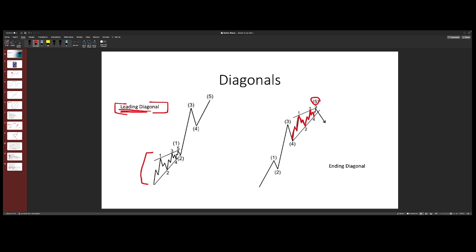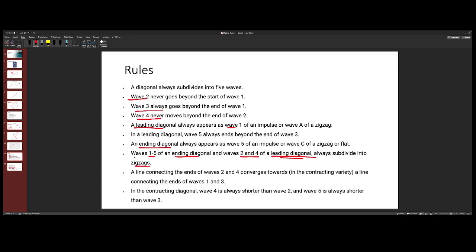And in this case, only 2 and 4 are zigzags. These can come in different variations. Waves 1 and 3 of an ending diagonal and waves 2 and 4 of a leading diagonal always subdivide into zigzags.